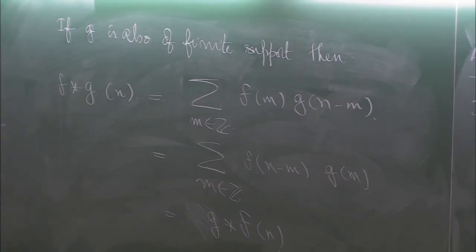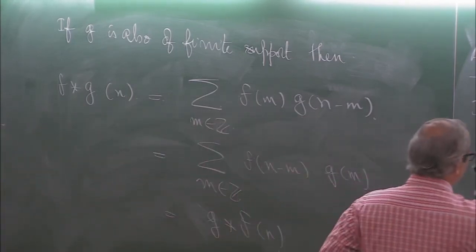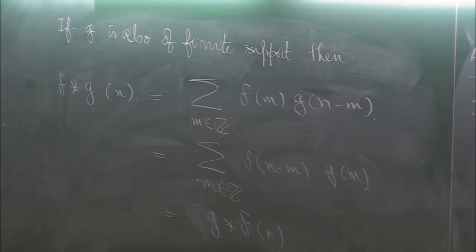Now, an important property of the convolution is that it is trivialized by integrals. It's trivialized here in the context that we are interested in. Integrals are just sums.